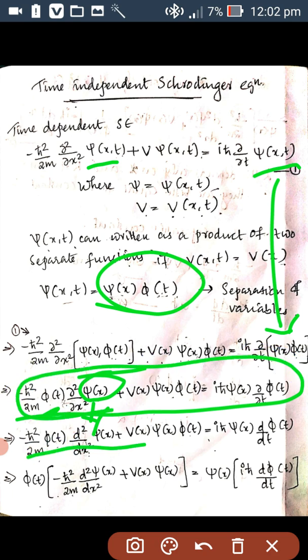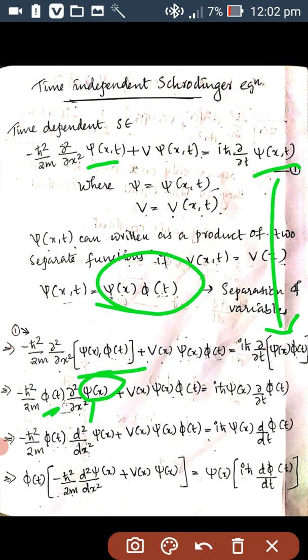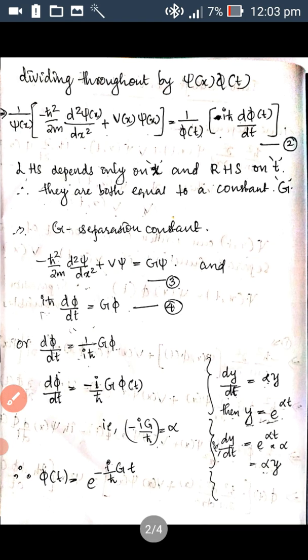Instead, you can write this one, that is minus ħ² by 2m φ(t) d²ψ(x)/dx² plus V(x) ψ(x) φ(t) is equal to iħ ψ(x) dφ/dt. The function φ(t) is common here, so φ(t) into minus ħ² by 2m d²ψ/dx² plus V(x) ψ(x) is equal to ψ(x) iħ dφ/dt.